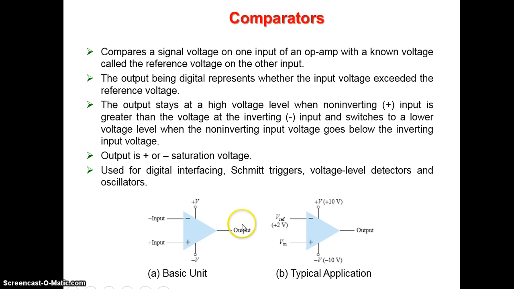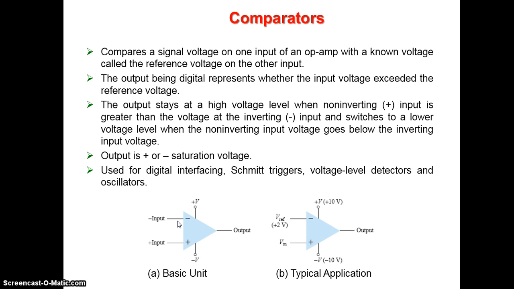That means the output will be either a plus voltage, like a square pulse, on the plus V side, which we will represent as the plus saturation voltage, or a minus voltage. Output stays at a high voltage when the non-inverting terminal voltage is higher than the inverting terminal, and it switches to the lower voltage level when the non-inverting terminal voltage is lower than the inverting voltage.